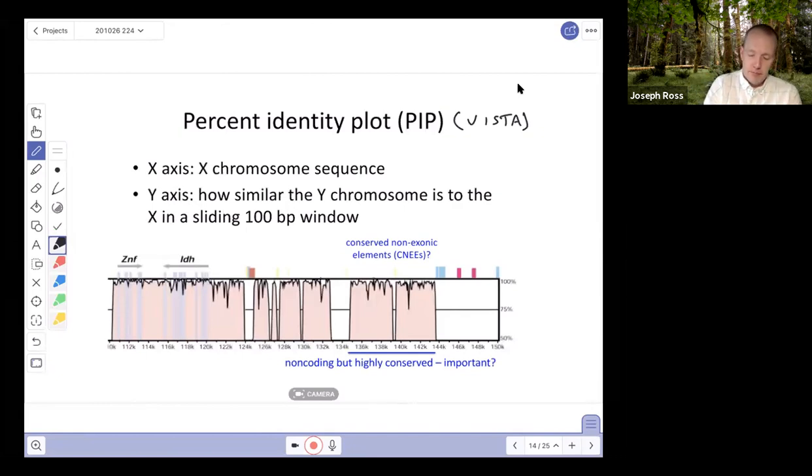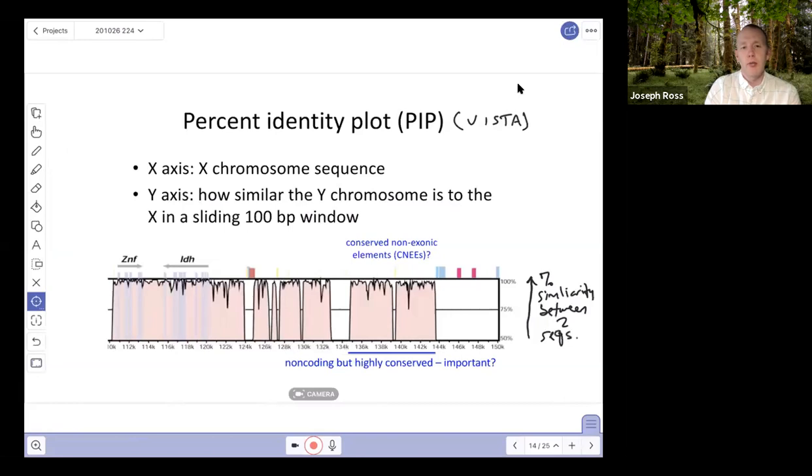The VISTA plot on its y-axis tells us the percent similarity in DNA sequence between two different sequences. In this case, this is a percent identity plot between an X chromosome and a Y chromosome.